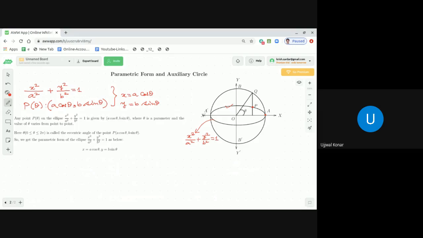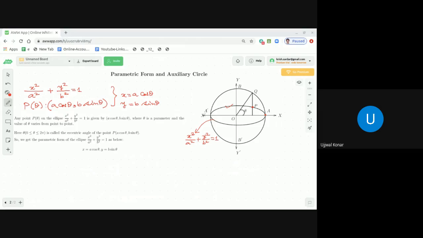So we are going to discuss what that eccentric angle is, and then from there we are going to discuss a new concept called the auxiliary circle. If you see, dear students, in that adjoining diagram there is a circle. That circle is known as the auxiliary circle.